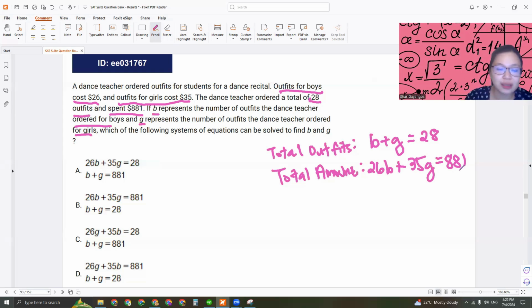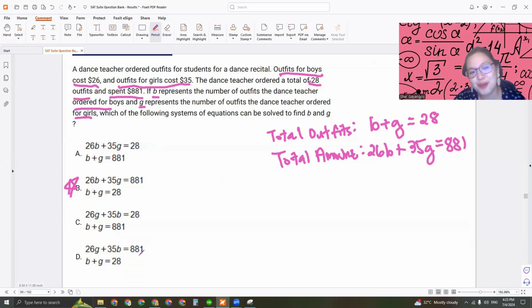Just make sure that the coefficients before each variable are correct. You can just double check with me. 26B plus 35G. Okay, we're good. So that's how you double check, because obviously the trickiest part here is making sure you don't carelessly select the incorrect equation even if you have the right one, because of all these switcheroos that are happening.